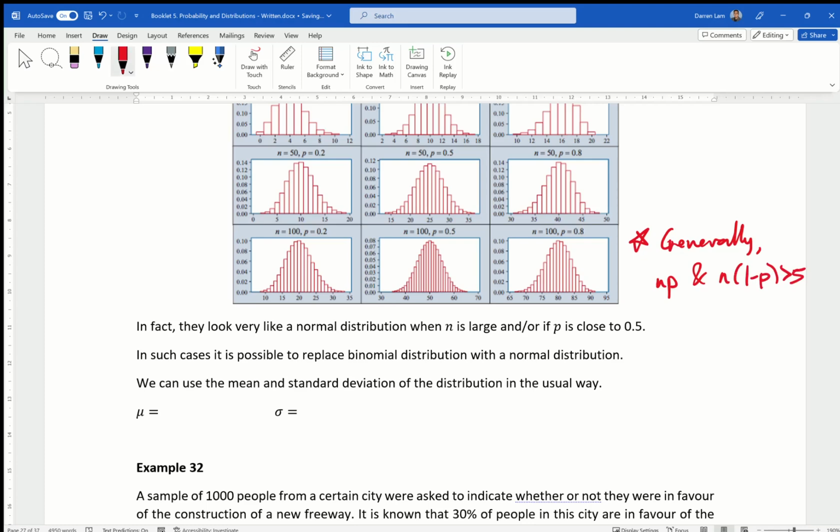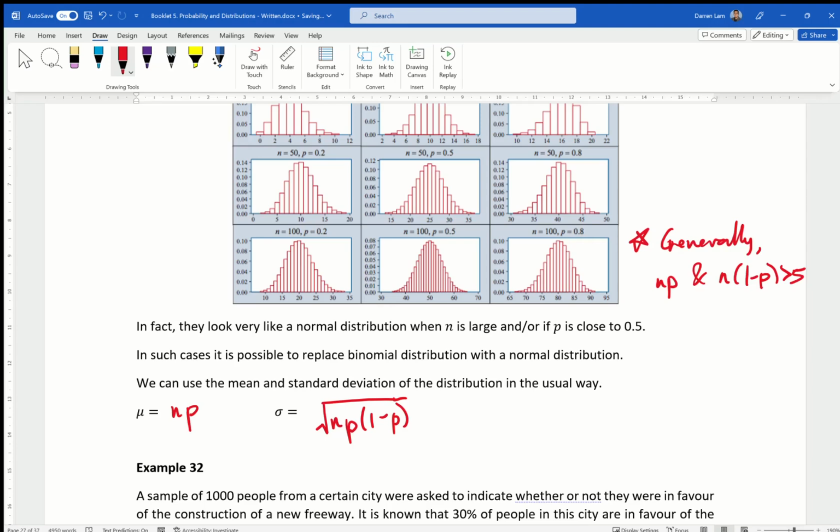Generally speaking, a sample size is large enough if n times p, or sample size multiplied by probability, and also your sample size multiplied by 1 minus your probability, are both greater than 5. That is fine.